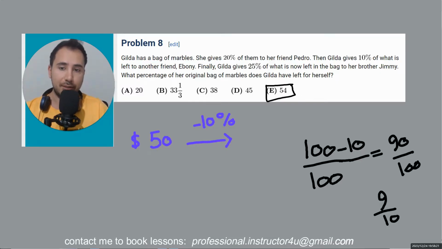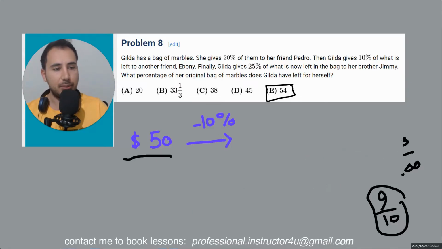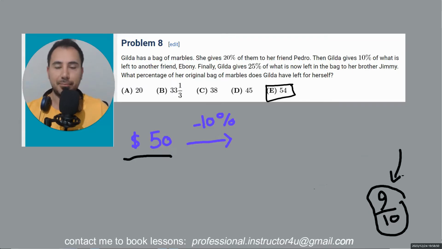So all I have to do is take this number and multiply it by this. Okay, so now take a look. 50 multiplied by 9 over 10 is actually $45. It's so much faster, right? So when you want to say 10% discount, what does that mean? 10% discount means multiply the number by 9 over 10.